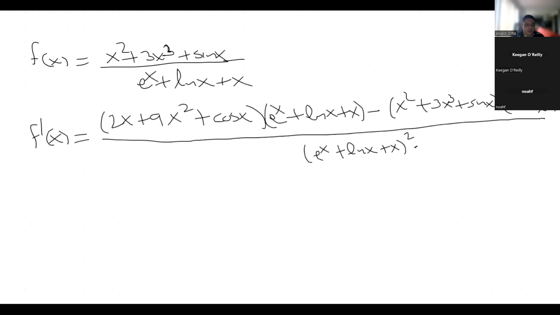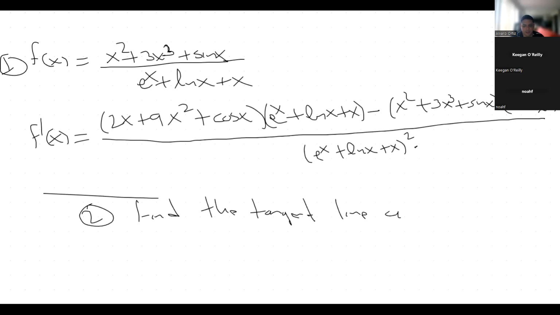Now, if you're doing something like, for example, this is number one. Number two, find the tangent line at x equals 1 for f of x equals, I don't know, x squared times log of x. So this one might need you to actually find out those things.